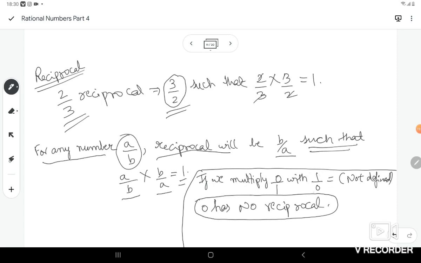We would get 1 by 0 as the reciprocal of 0, which is not defined, as I have discussed in the previous videos, that 1 by 0 is not any kind of number. It does not exist. It's a hypothetical concept. So if someone asks which number has no reciprocal, then the number 0 has no reciprocal.